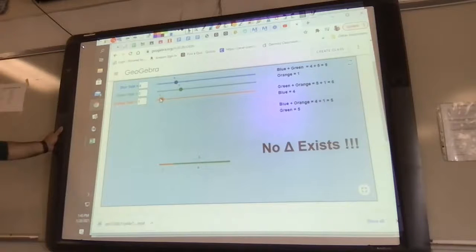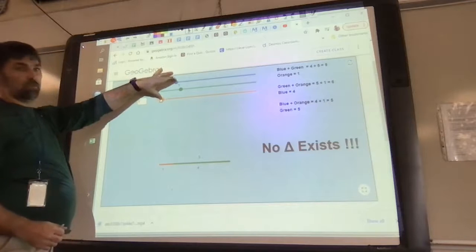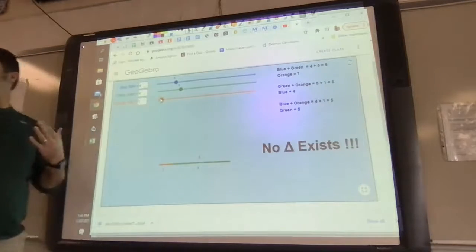Why does it not work at 1 and it does at 3? Flat. What makes it flat? Because if I take the 2 smallest and put them together, it's the same length as the biggest one. So I can't have an angle if I do that.